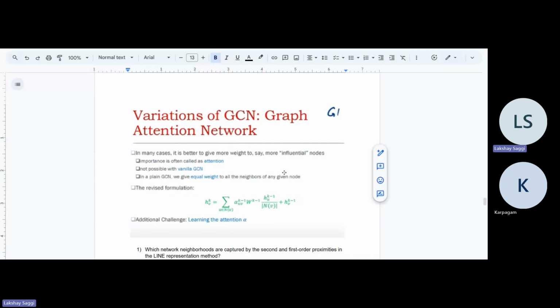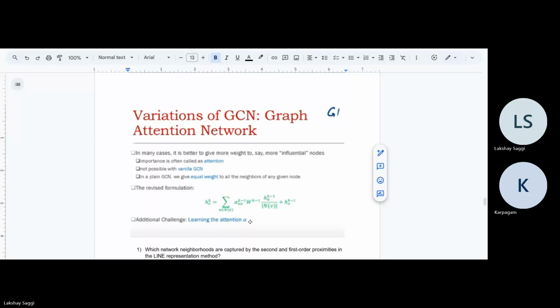If you want to identify influential nodes, in the starting you don't have any information about which nodes are influential and which are not. So if you set these alpha parameters arbitrarily, you might not be giving appropriate weightage to the more influential nodes, or you can give weightage the wrong way.